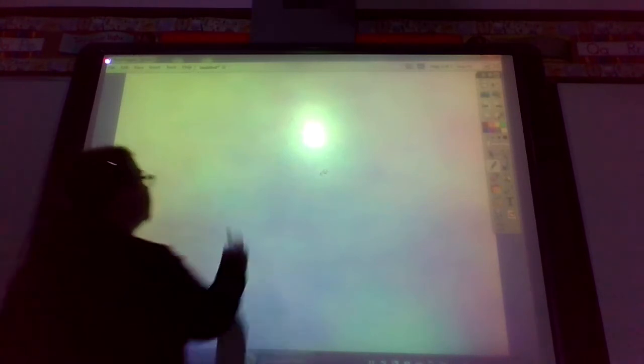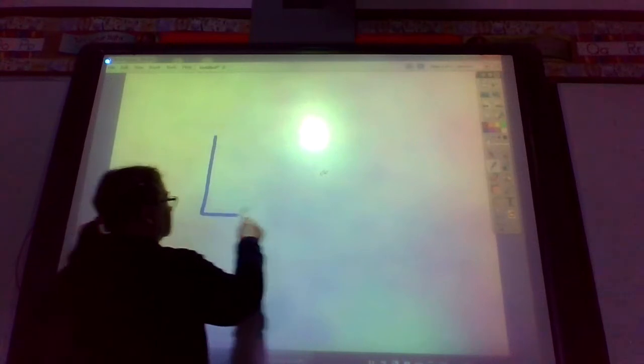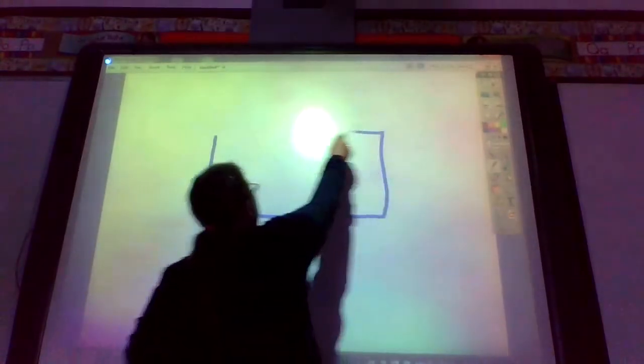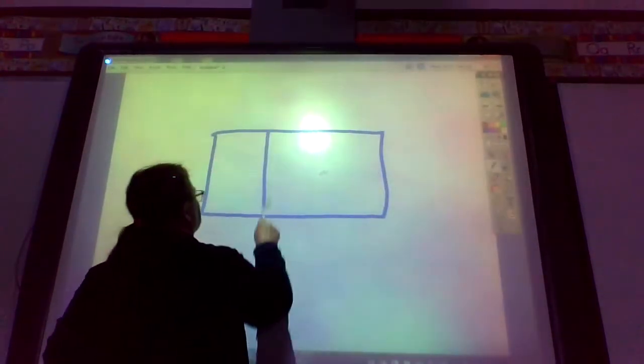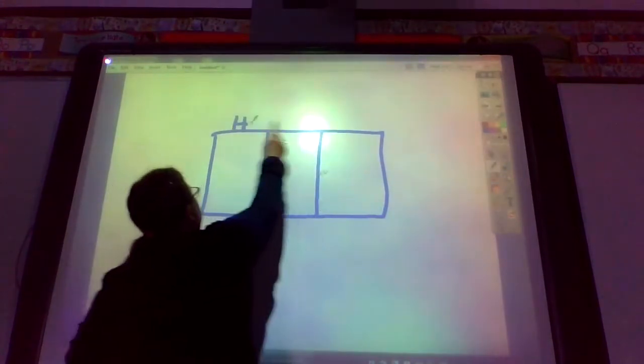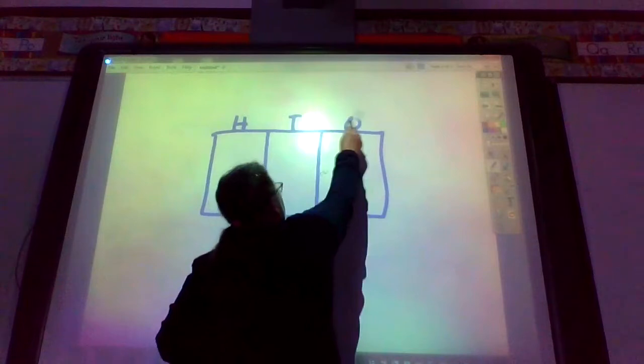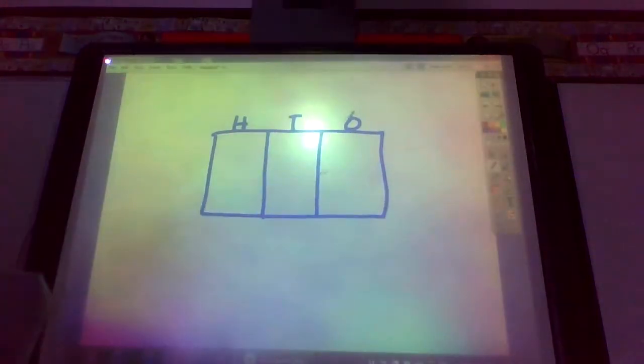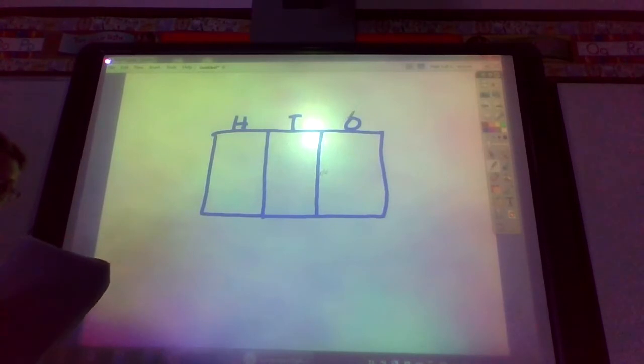I have a place value chart. Okay, that looks like this. Here's my place value chart. Hundreds, tens, ones. Place value chart. Okay.